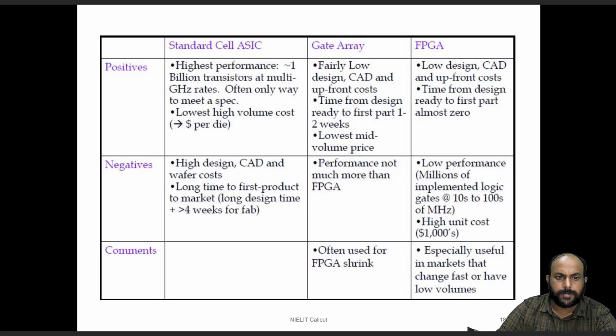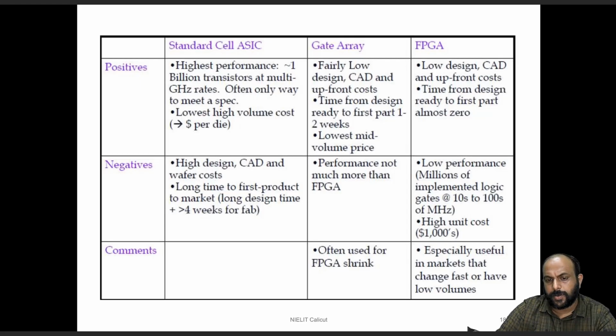Standard cell ASIC comes with the high benefit of having the lowest high volume cost. The negative of standard cell ASIC is that it takes long time to first product, and the time to market is the negative. Whereas the negative of FPGA is low performance.